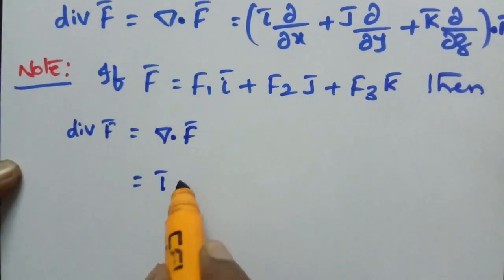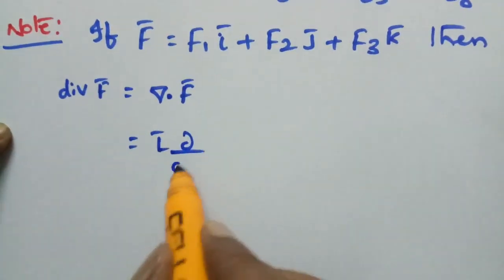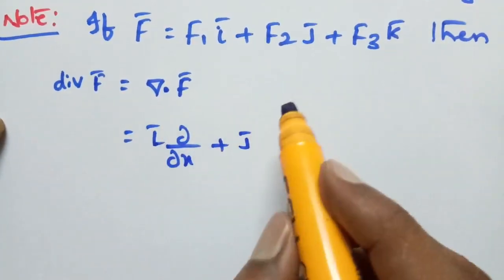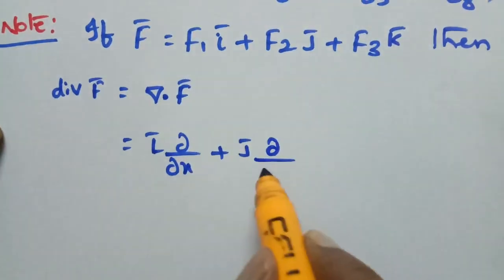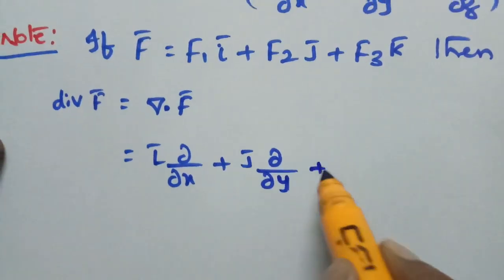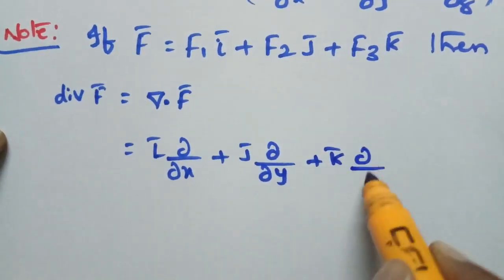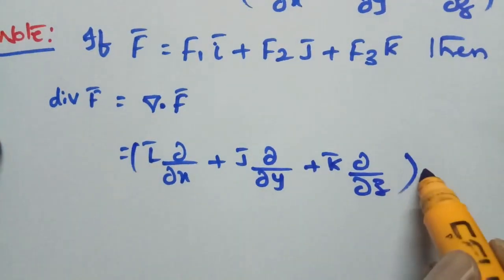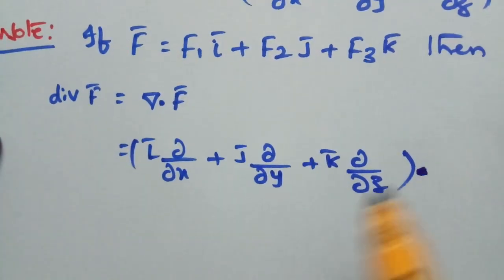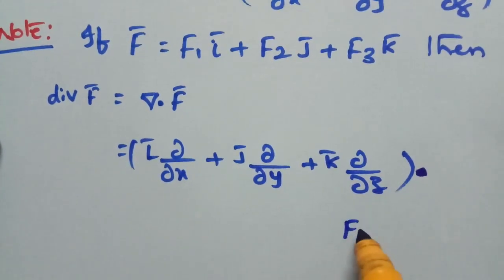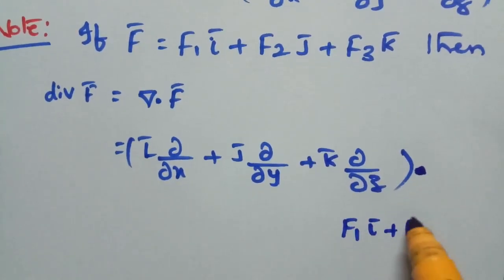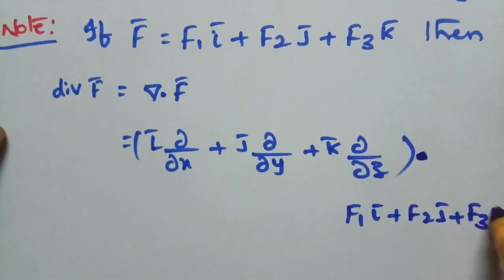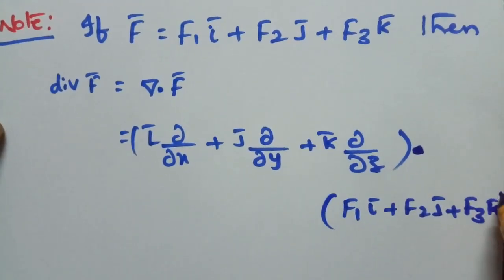That means i bar dou by dou x, by the definition of the vector differential operator, plus j bar dou by dou y plus k bar dou by dou z, dot f1 i bar plus f2 j bar plus f3 k bar.